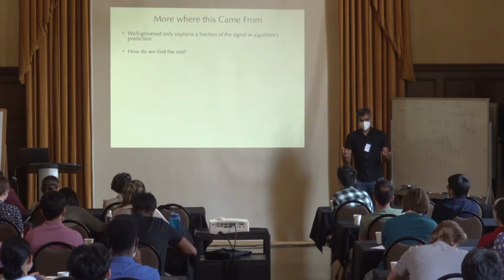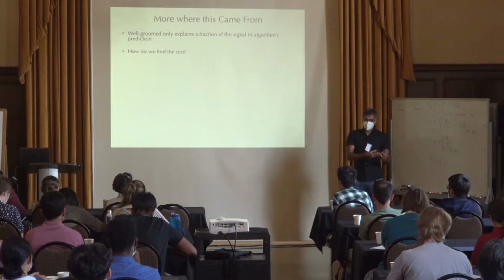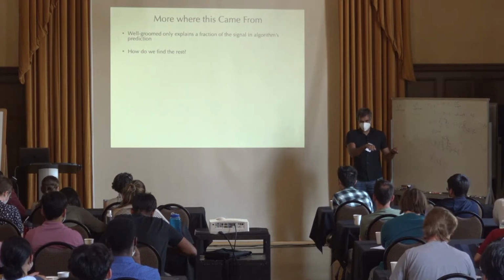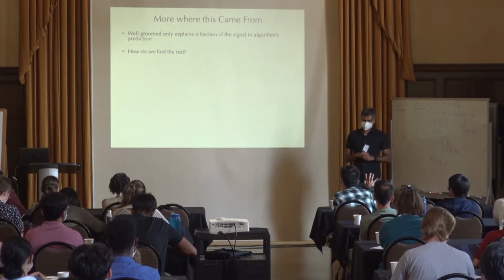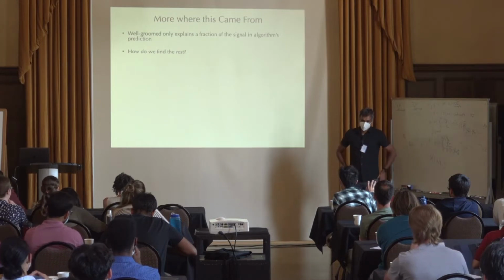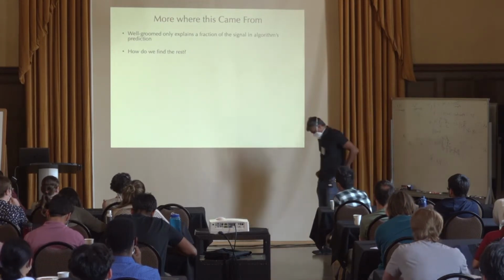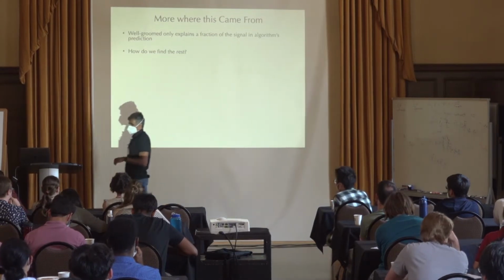I have raters rate the mugshots on well-groomed. And then I say, does that well-groomed rating predict the algorithm's prediction? So you're seeing one of the subsequent experiments. Does that make sense? Okay. I certainly had no view that it would be well-groomed.